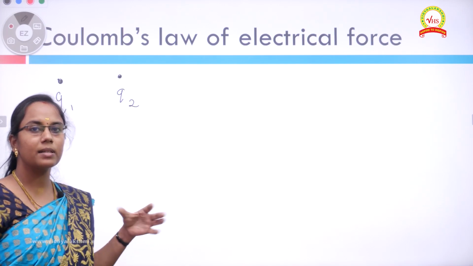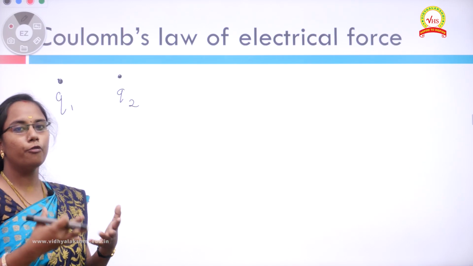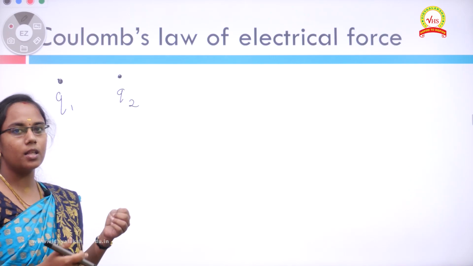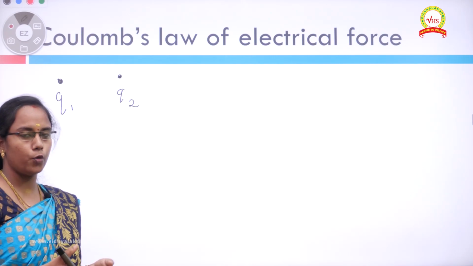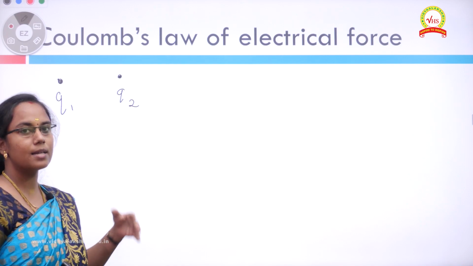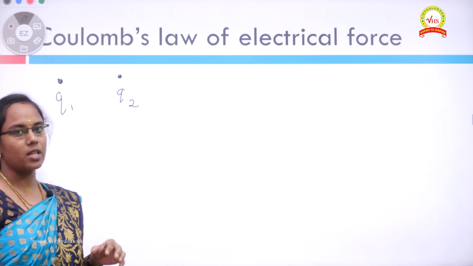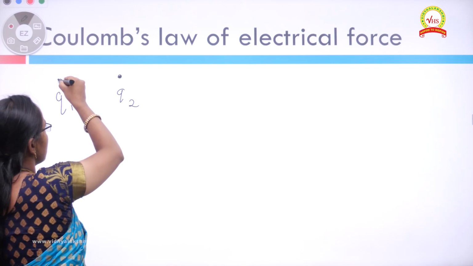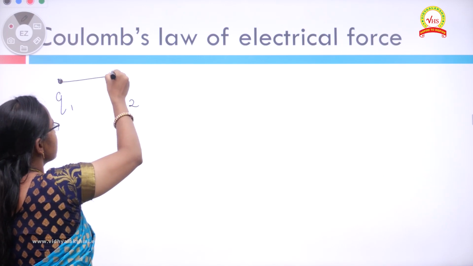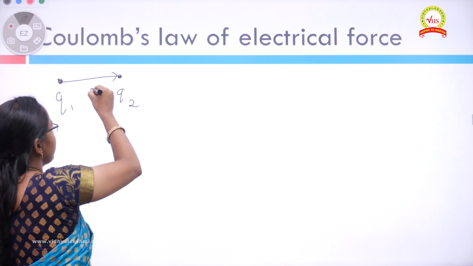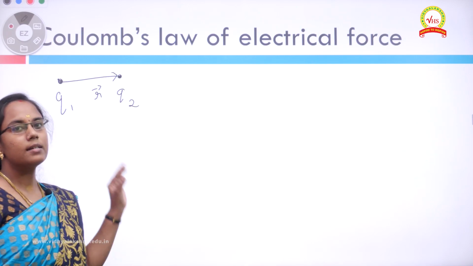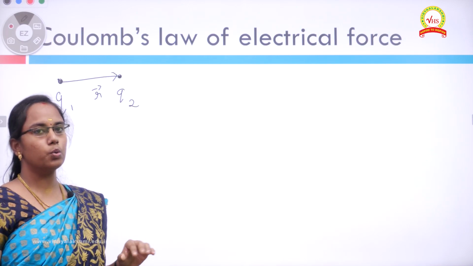The source charge is the charge which produces the force, and the point charge is the one which experiences the force. So, here Q1 is the source charge and Q2 is the point charge. We can represent the distance as the position vector r. So, the r vector is the distance between the Q1 and Q2 charges.